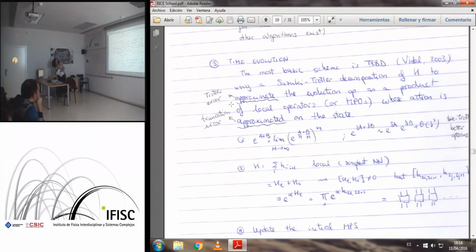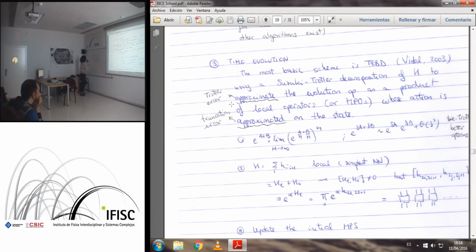So, what if you want to do time evolution? The simplest scheme to do time evolution is the time evolving block decimation algorithm, TEBD, which was introduced by Guifré Vidal in 2003. The idea is, you have to do the evolution with some Hamiltonian.